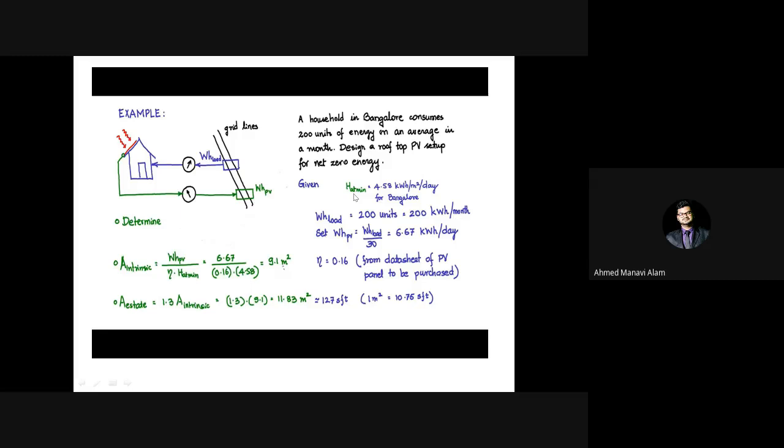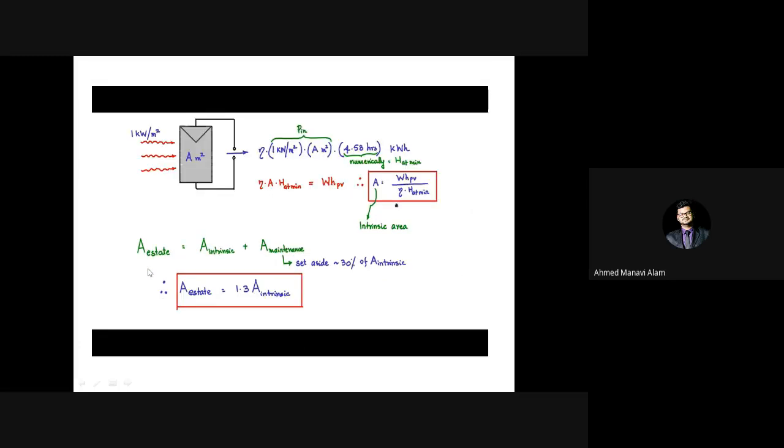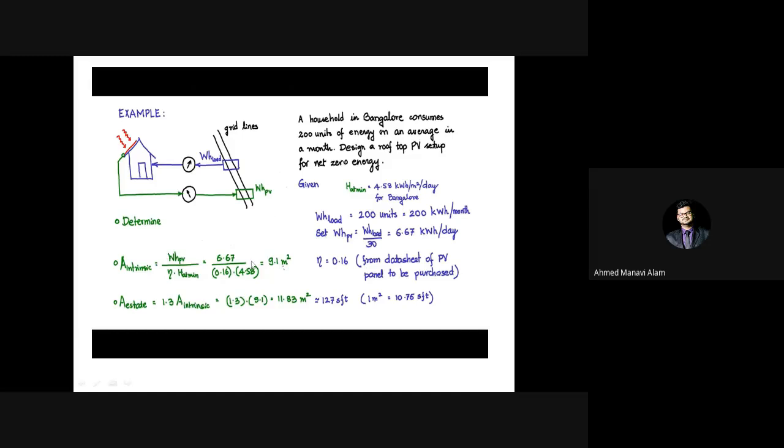Now, you have to determine the intrinsic area. What is the formula of the intrinsic area? Very simple. The theory I have taken long, but the math is very simple. The area is equal to WH PV divided by efficiency into H tilt minimum. WH PV is 6.67 kilowatt hour. Efficiency is 0.16. This is also given in kilowatt hour, so we don't need to convert it into hour.